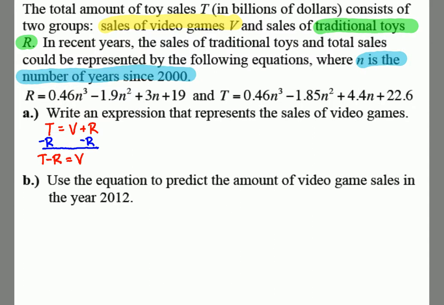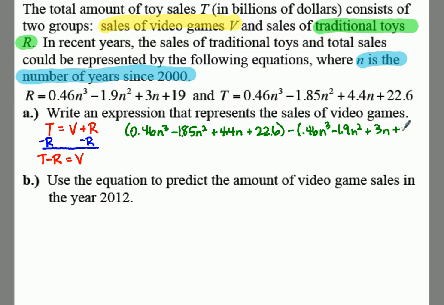I'm going to start off with 0.46 n to the third minus 1.85 n squared plus 4.4 n plus 22.6, and I'm going to subtract the expression for my number of traditional games, which is 0.46 n to the third minus 1.9 n squared plus 3n plus 19.